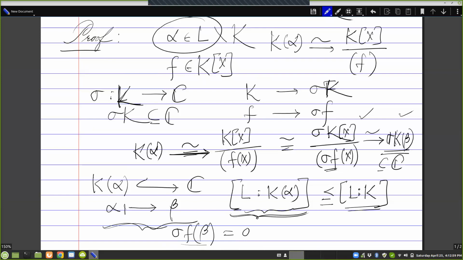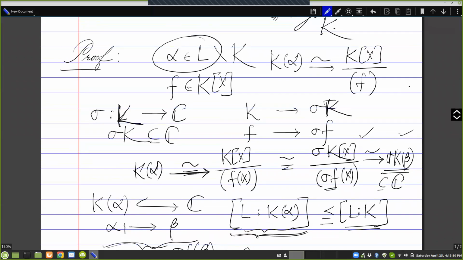So how many roots are there? The number of roots is the same as the degree of sigma f, which is the same as the degree of f, and in the last lecture we have seen this is the degree of the extension.